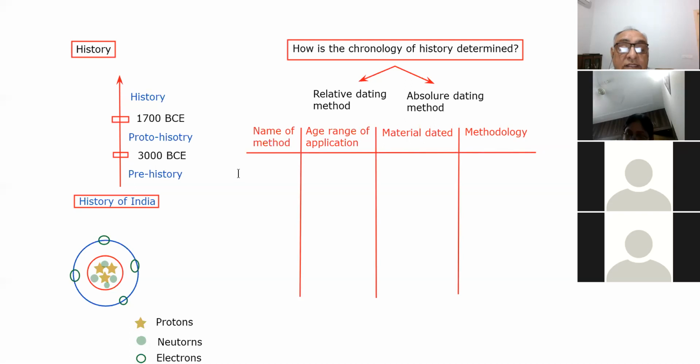So one is the name of method. As far as the name of method is concerned, the first is the radiocarbon method, right? So this is the name of method first of all. And then age range of application, we can say it is from 1 year old up to 70,000 years, as we have discussed just now.